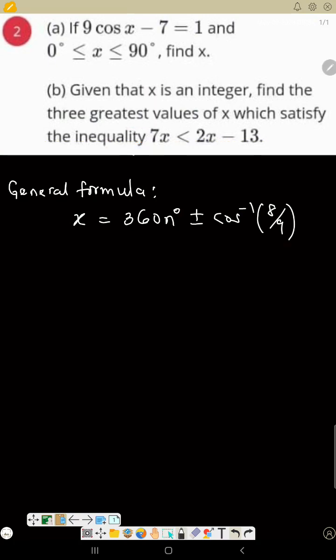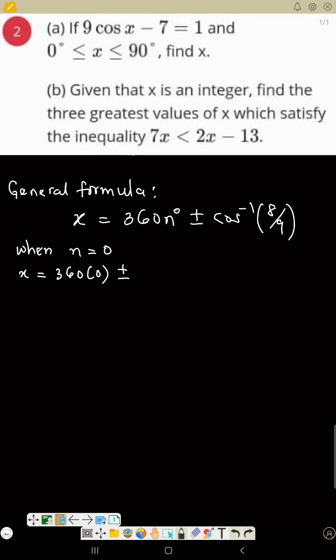So now let's do the first one. When n is equals to 0, x is equals to 360 bracket 0 plus or minus arc cos. Now press arc cos, that is shift in your calculator, then cos.